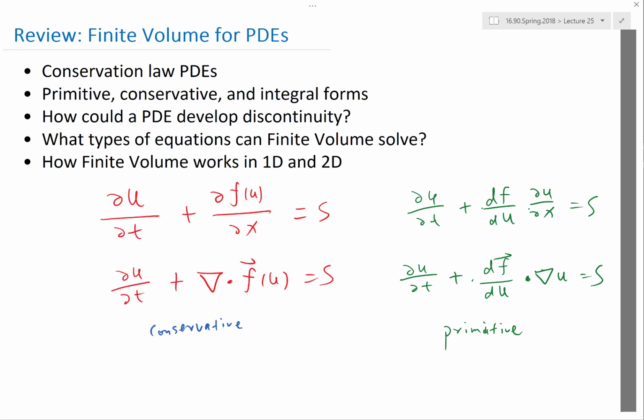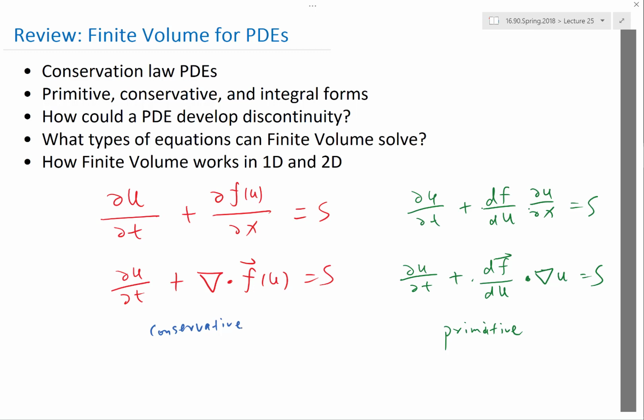But the primitive form only makes sense in part of the domain. Which part of the domain is it useful? Which part of the domain is the primitive form not useful? So in what cases can you not apply the chain rule to f, or the chain rule doesn't make sense?